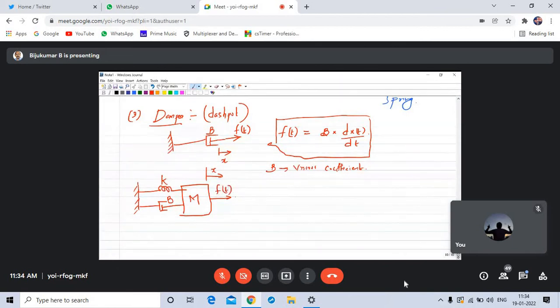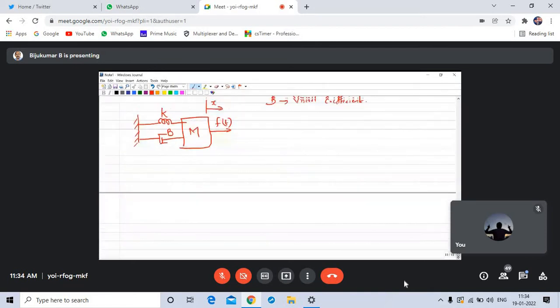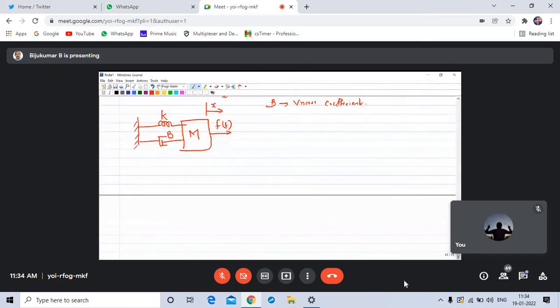Okay. So how will you obtain the governing equation for the system? How can we write?